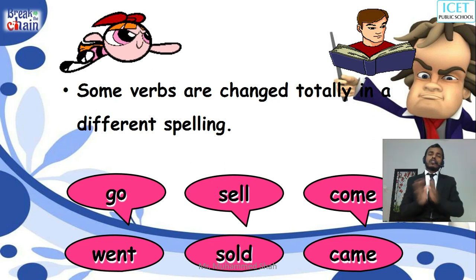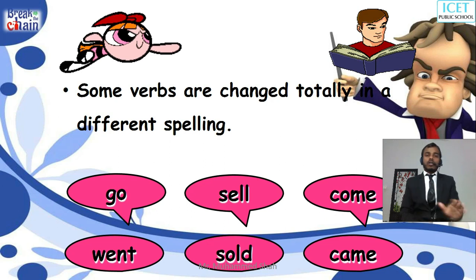There is no connection between the spelling of go and went. It's entirely different. Sell, sold, totally changed. Come, came. It should have been comed, but unfortunately in English the past form of come is came. Sell, sold.